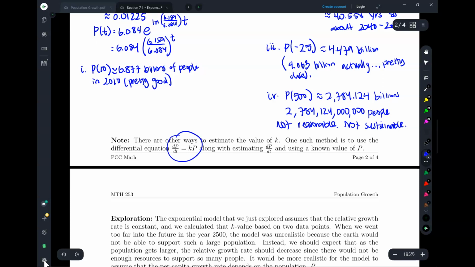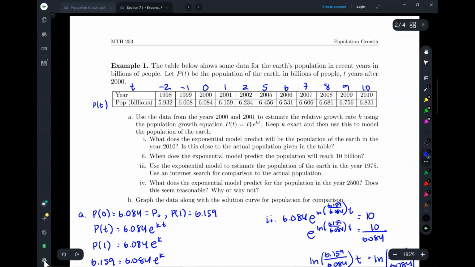So you can use the differential equation itself to find the k value. The way to do that is you estimate the derivative at that point, or the growth rate at a particular point, and then the population at that particular point, and then you simply solve for k, right? We saw that before. k was dP/dt divided by P. So if I pop back over to the table here, probably the best way to calculate the derivative at 2000 would be the two nearby data points, right?